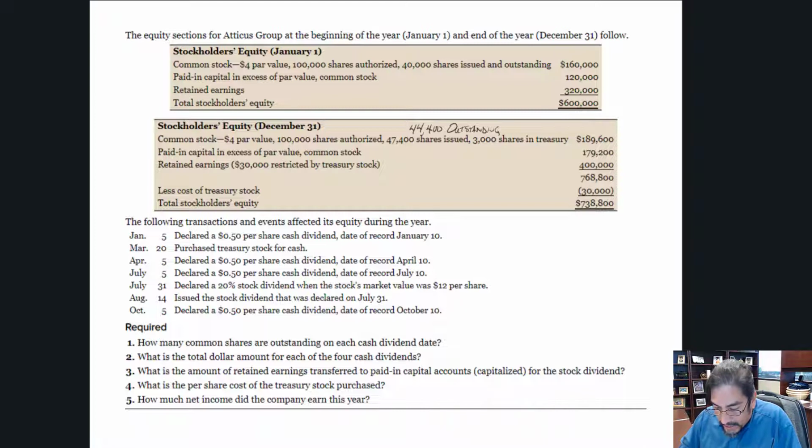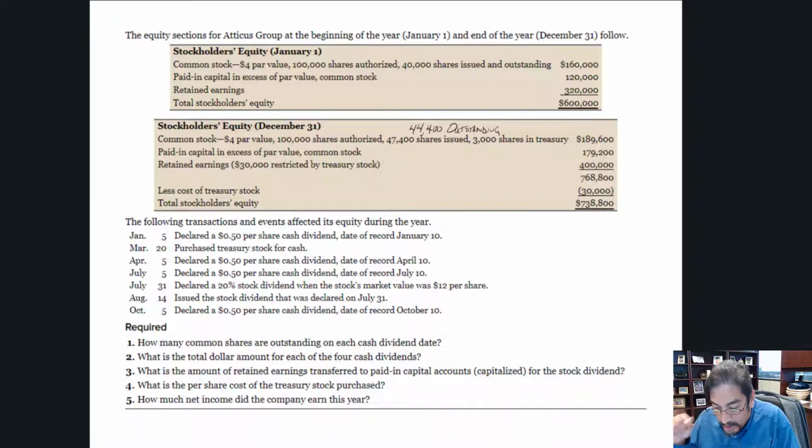Following transactions happened. So we declared a cash dividend on the 5th of January. And 20th of March, we bought back treasury stock for cash. April 5th, we declared another cash dividend. July 5th, another cash dividend.